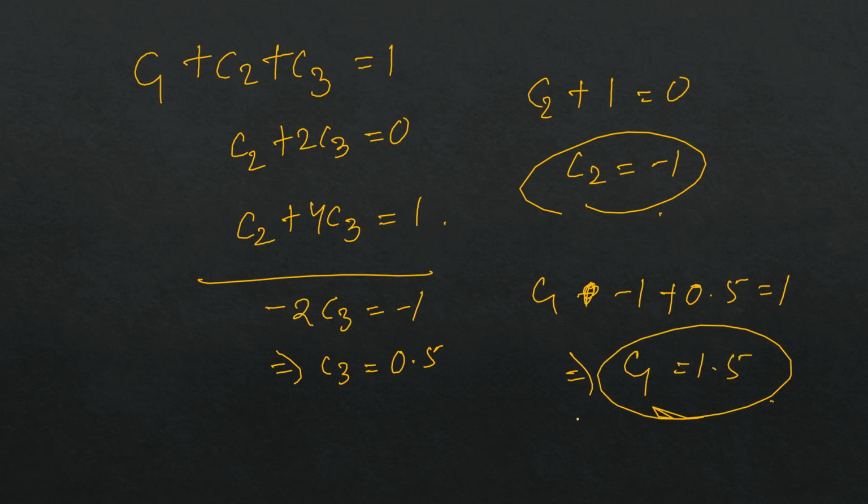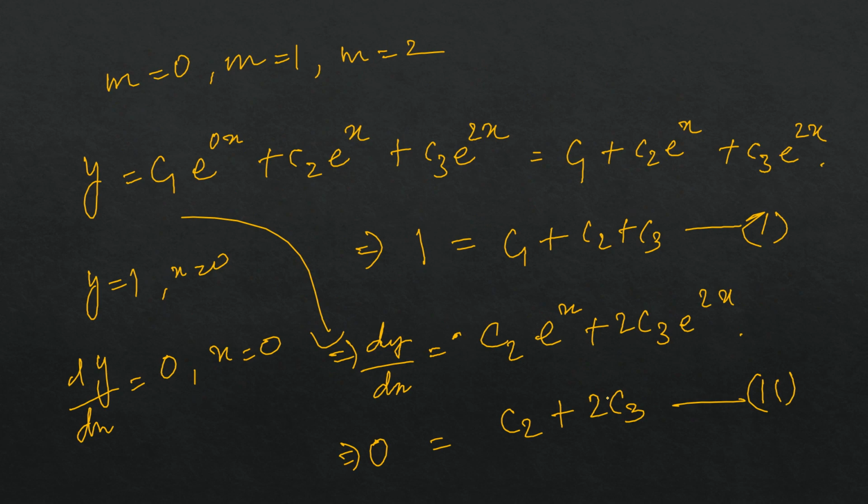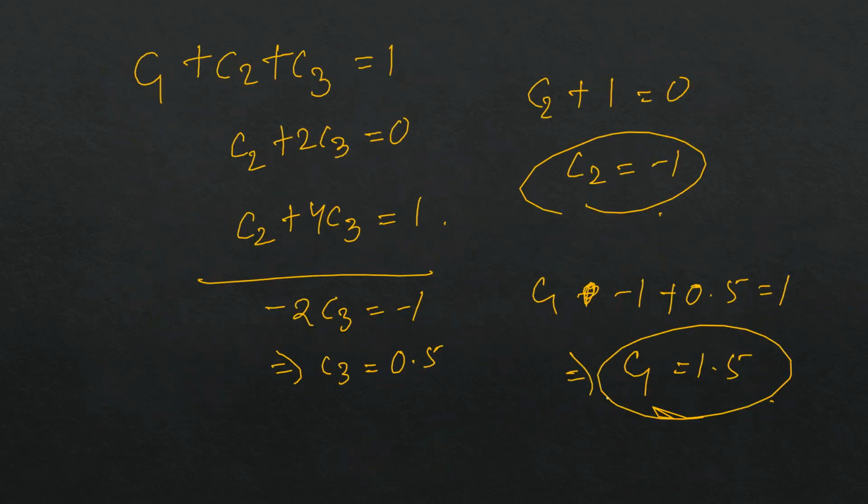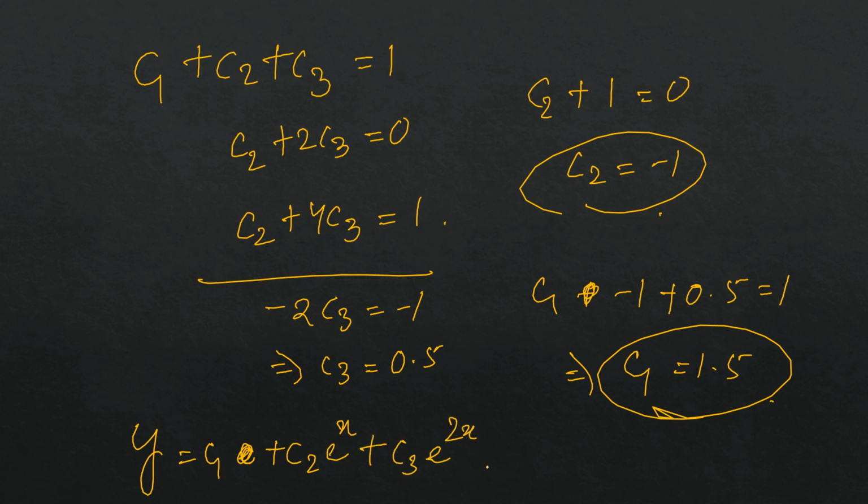So the value of y at x is equal to 2. First, let's write the solution. The solution will be y is equal to c1 plus c2 e to the power x plus c3 e to the power 2x, and that means 1.5 minus e to the power x plus 0.5 e to the power 2x.